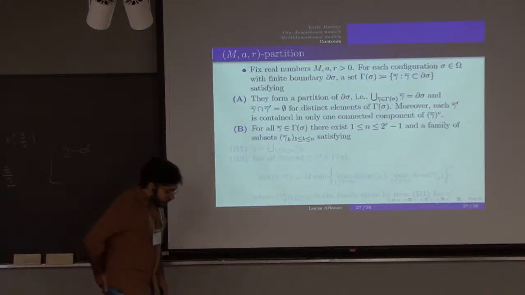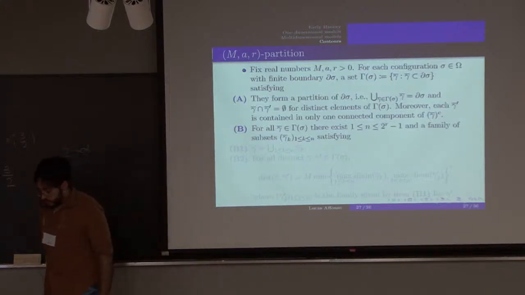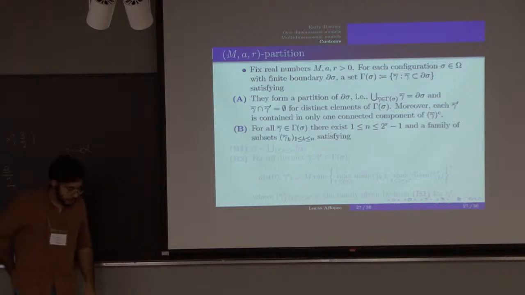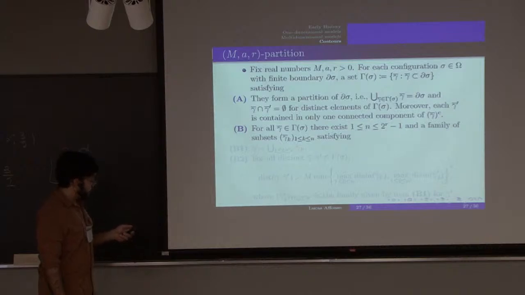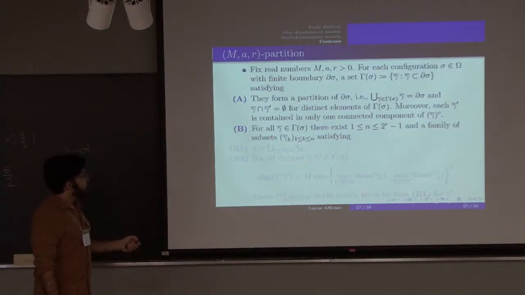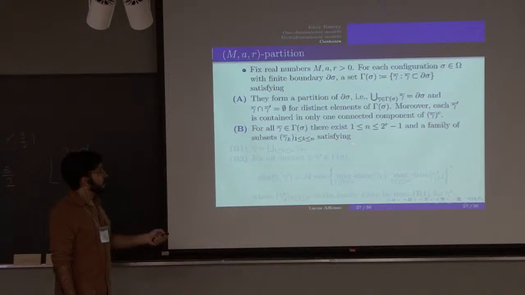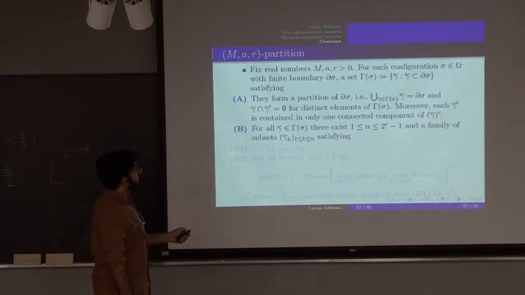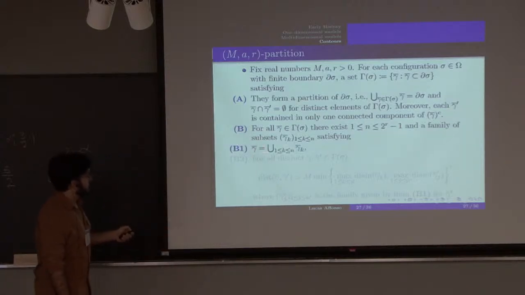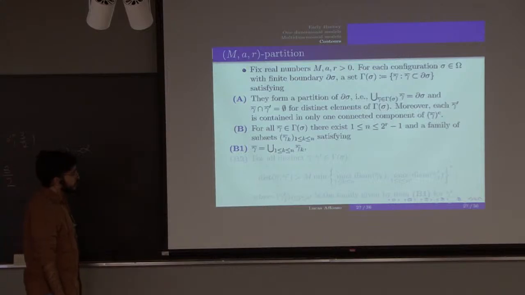And also, we needed to introduce a notion of separation, as they did in the one-dimensional case. So for the MRA partition, the notion is the following. For any element, there will be an n that can be 1, but is upper bounded by 2 to the power r minus 1, and a family of subsets of gamma such that you can write gamma as the union of these sets.